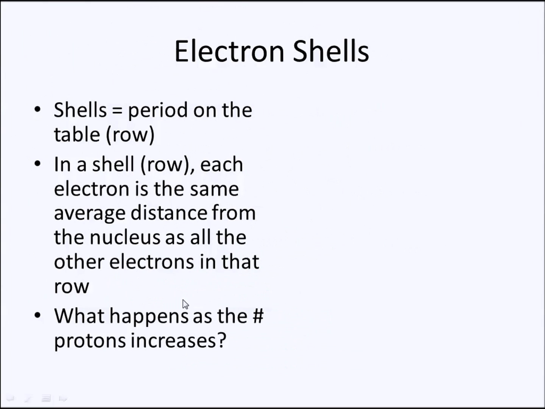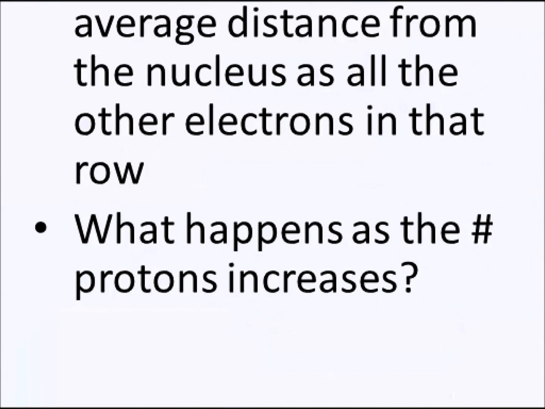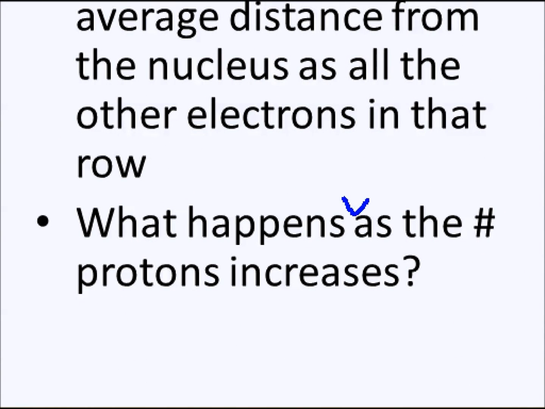Okay? And now that you know that, and you know the charge rules from before, what I want to ask is what happens as the number of protons increases. You may want to pause it right here and actually think about this. I'm going to make it more specific: what happens to the size of the atom as the number of protons increases going across a row?